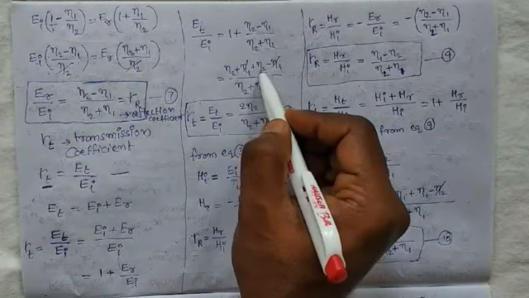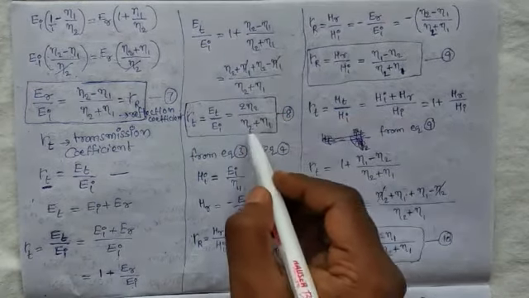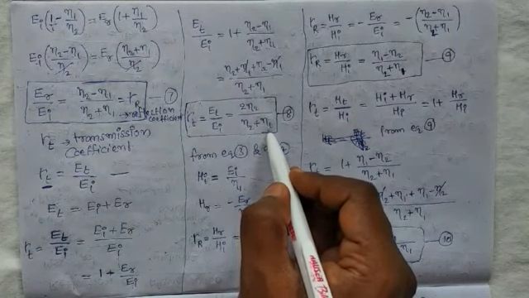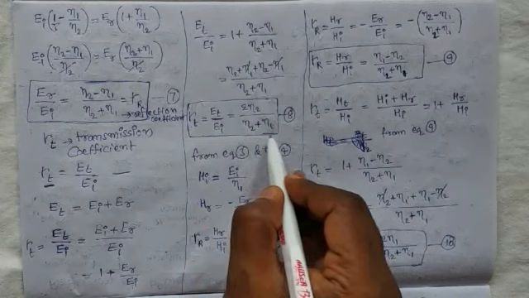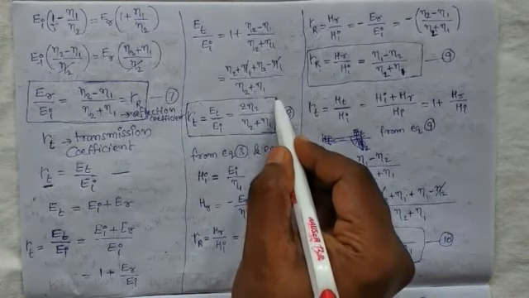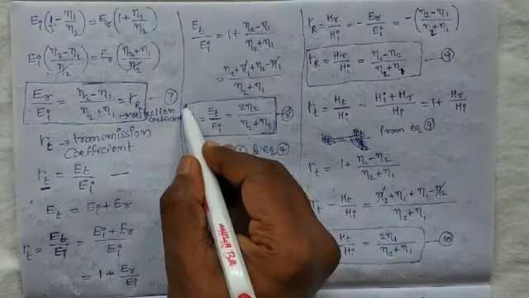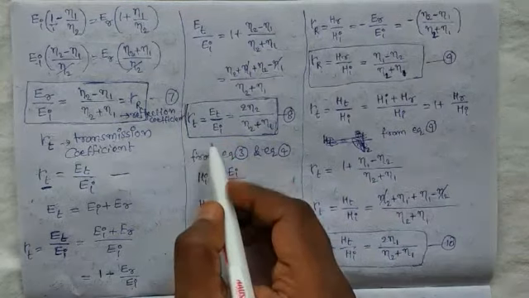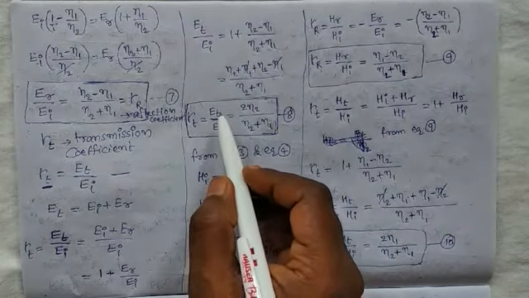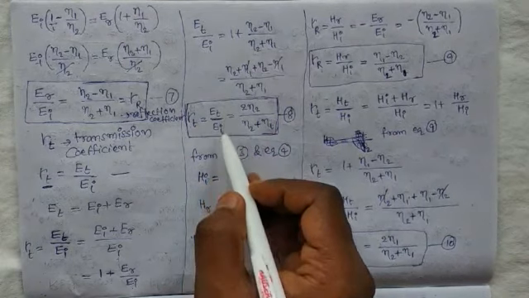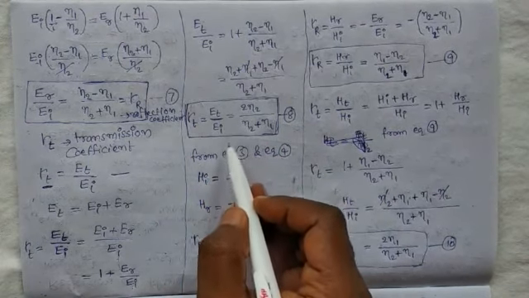Eta 2 plus eta 2 is 2 eta 2 by (eta 2 plus eta 1). This is the transmission coefficient gamma T. How is it calculated? It is the transmitted wave to the incident wave.